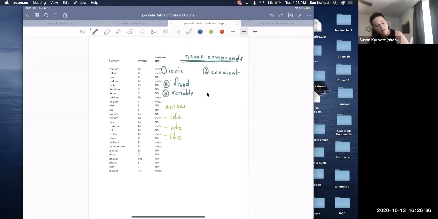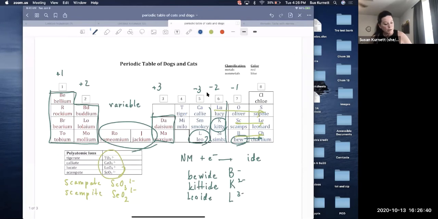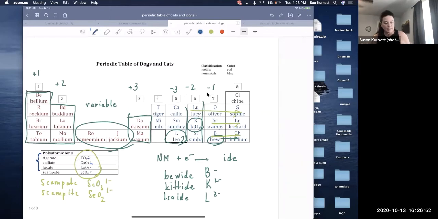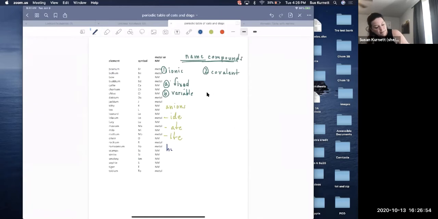There are some derivatives we need to be able to do for these 3. Because the charge is 2- or 3-, you can gain 1 hydrogen and still have an ion. So we are going to have hydrogen containing. That's a derivative.